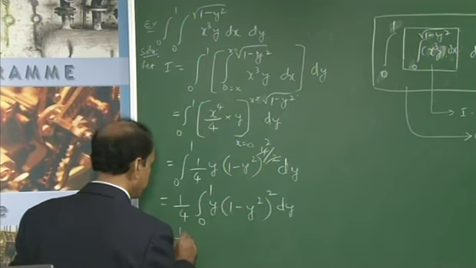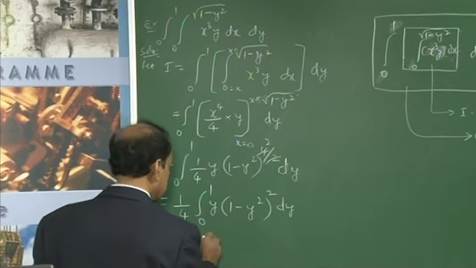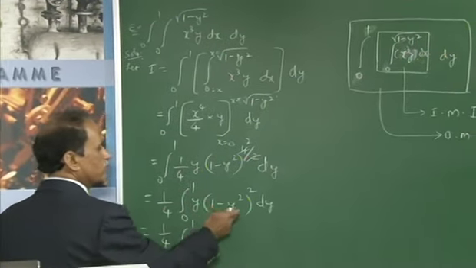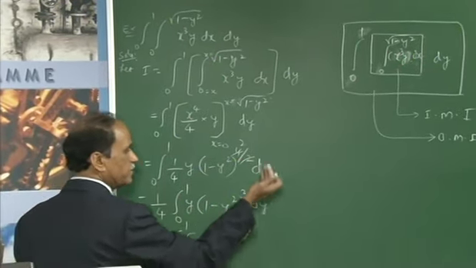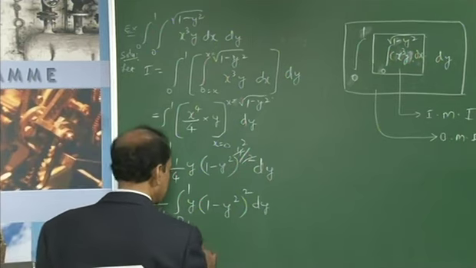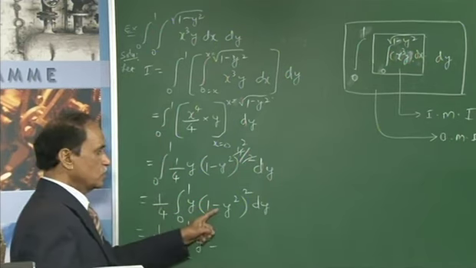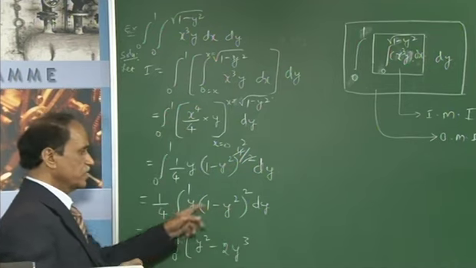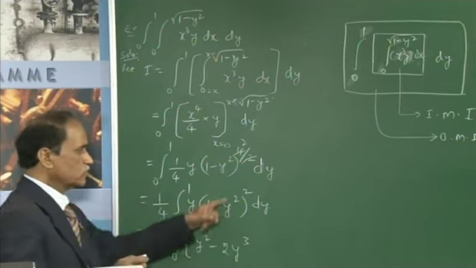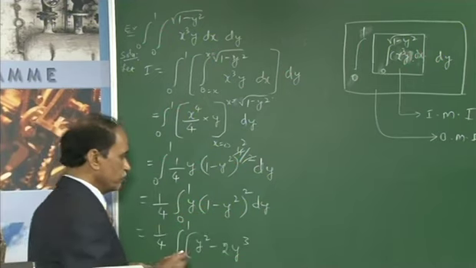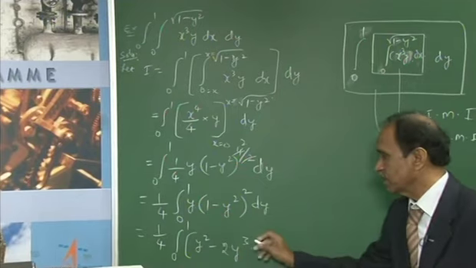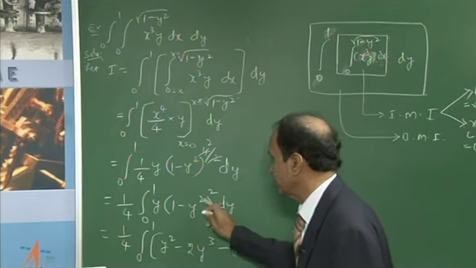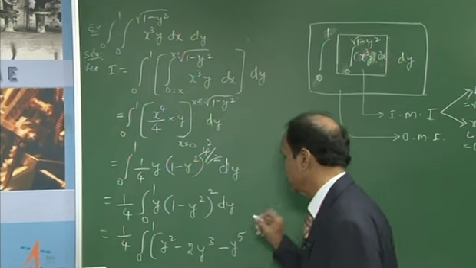That goes like this: 1 by 4, 0 to 1, multiplied by 1 minus y square whole square, just like a minus b whole square you can expand, that is y minus 2y cube when I took this y inside, and plus y square whole square, it will be y to the power of 4, and multiplied by one more y from outside, it makes y to the power of 4 plus 1, that is y to the power of 5.